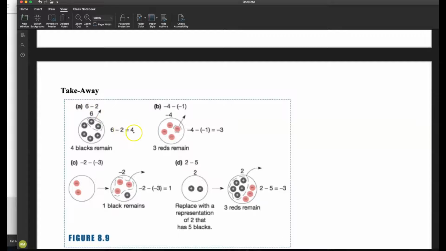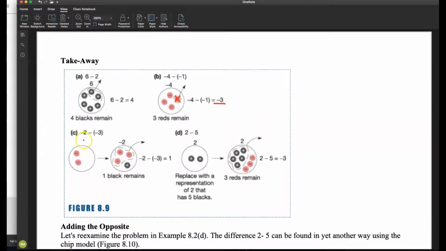6 take away 2 is 4. Negative 4 take away negative 1: if you think, here's negative 4, and you take away negative 1, you're left with negative 3. That set model works. Here, negative 2, take away negative 3.